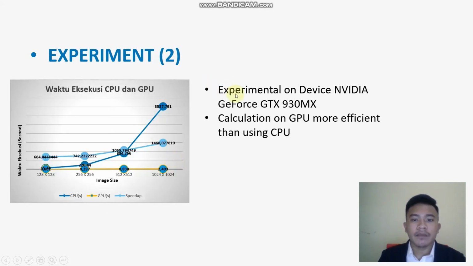And the second experiment we do on a GeForce 930MX, and the calculation on GPU is more efficient than using CPU. The orange line shows the execution time using GPU, and the blue line shows the execution time on CPU in seconds. The speedup of using GPU versus CPU is shown in the blue line.